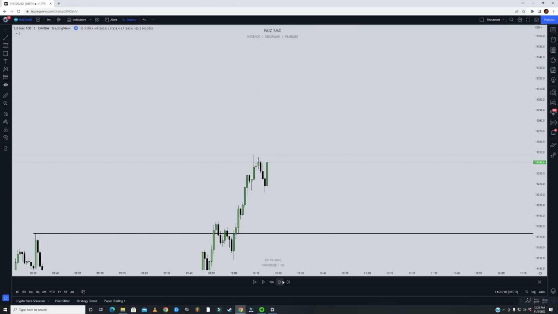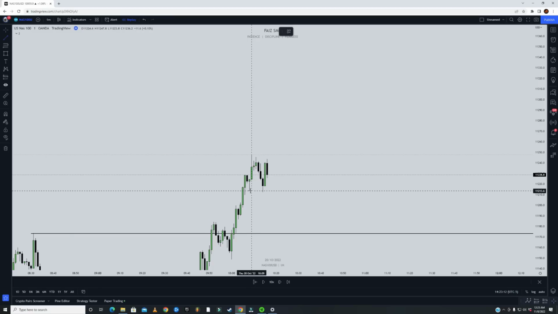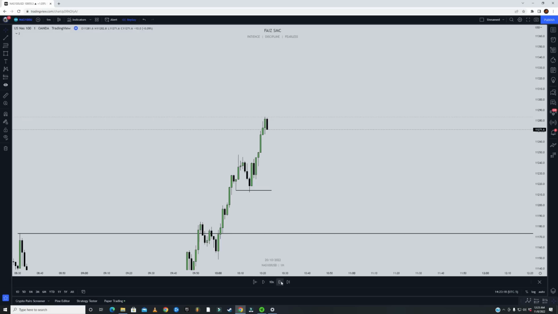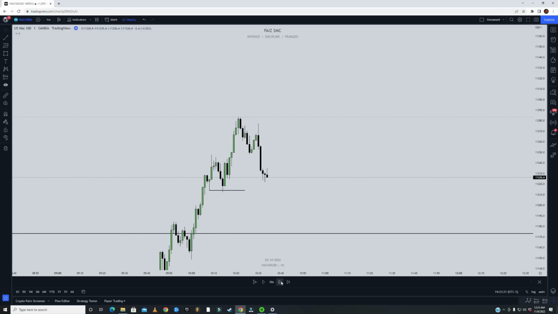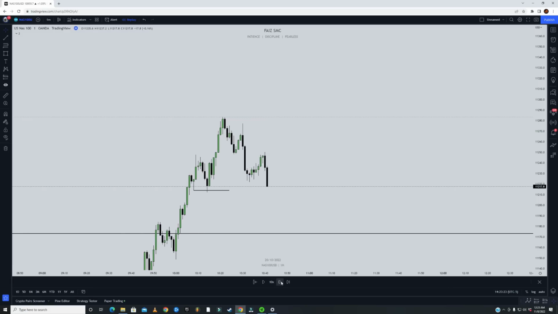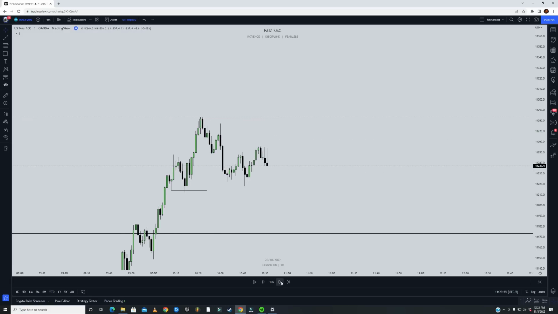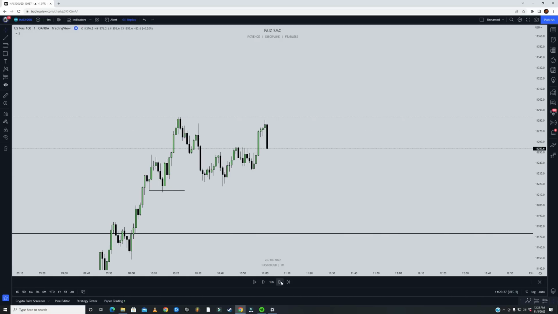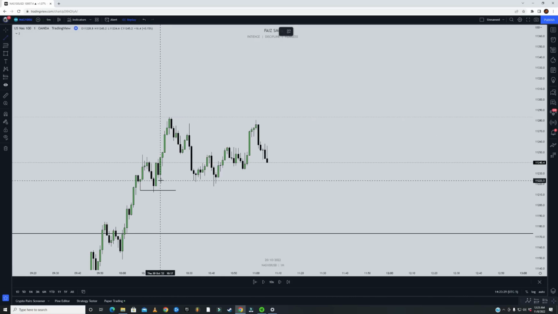So we're gonna wait for market structure shift. Did we break the structure? No, we just wicked, and I always consider bodies, guys. So let's see. Did we break this structure? Nope.